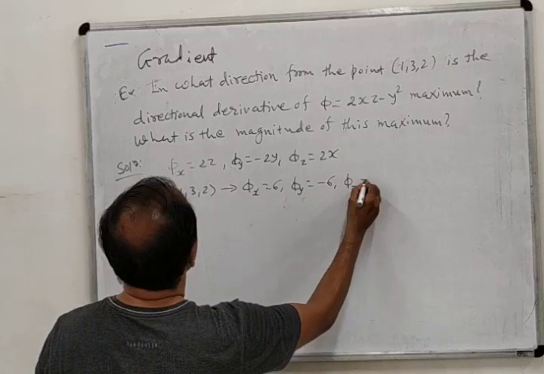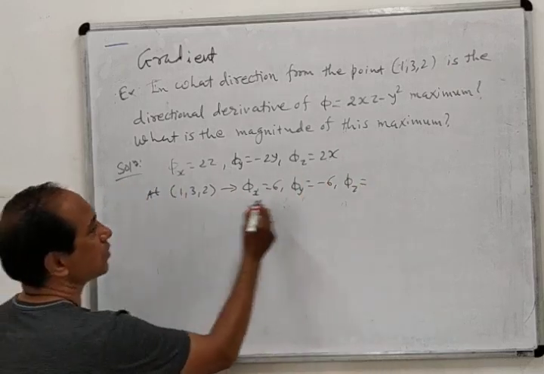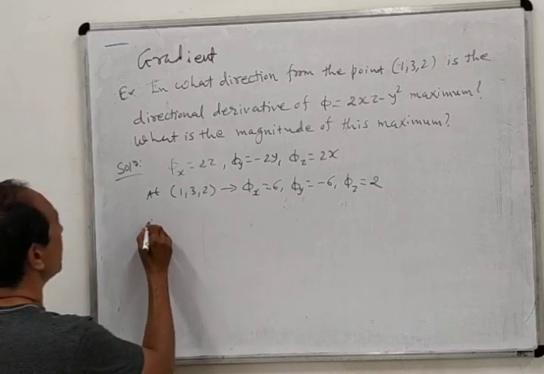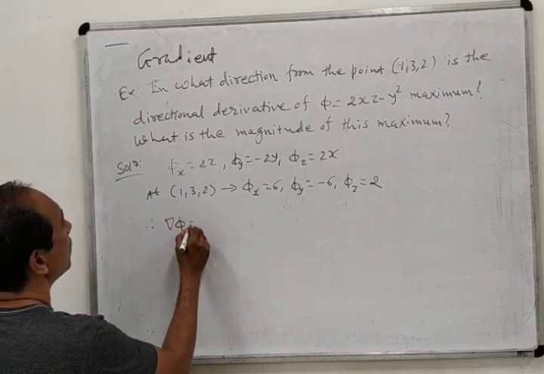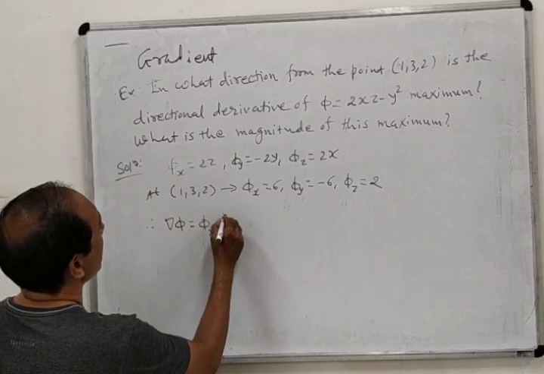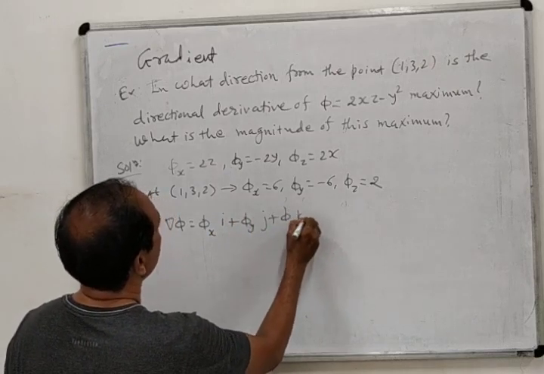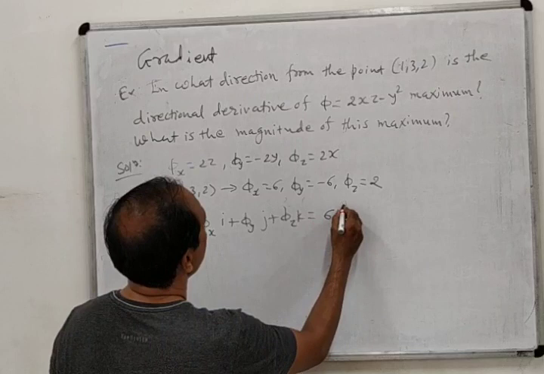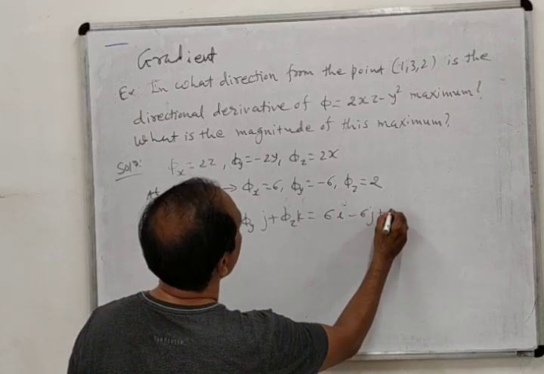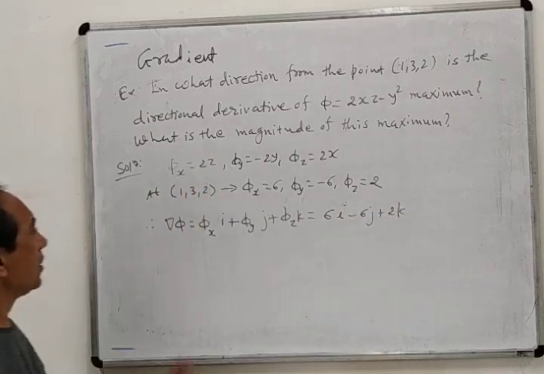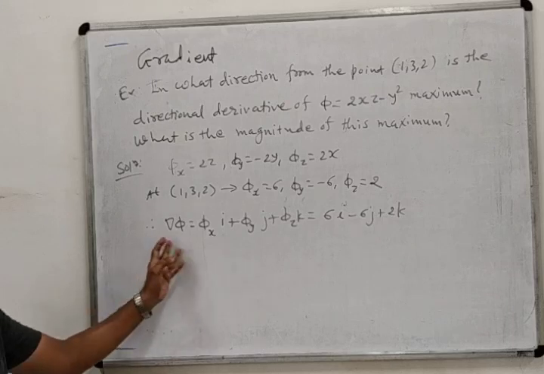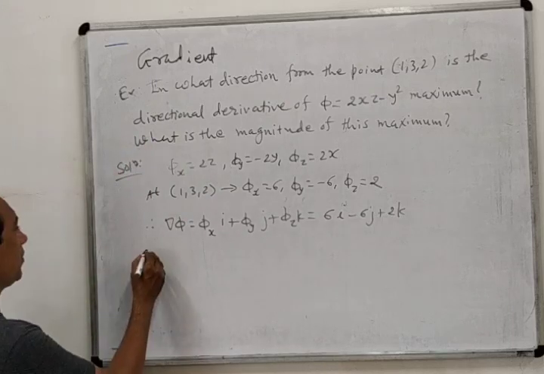Phi z is 2x, x is 1, so it is 2. And therefore gradient phi equals phi x i plus phi y j plus phi z k, which is nothing but 6i minus 6j plus 2k. So this is the gradient, and in this direction it will be maximum.